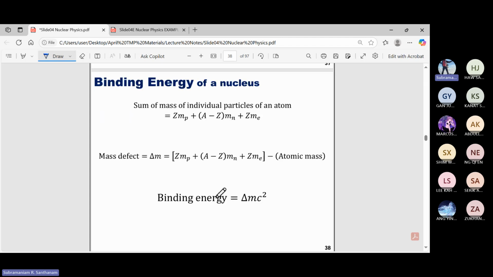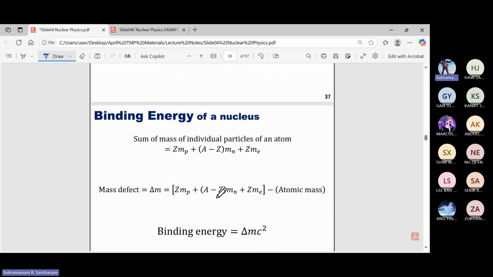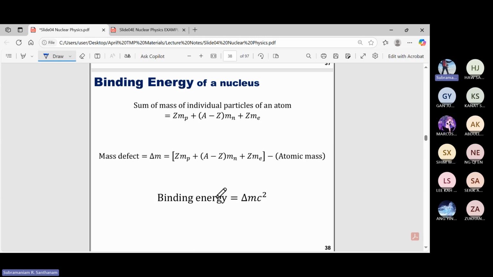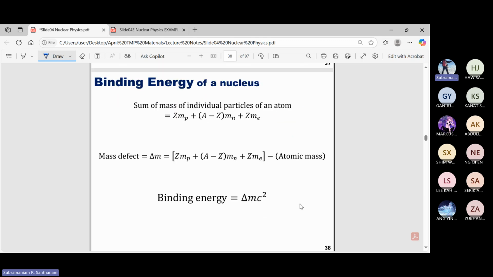Okay, it may look almost the same, but there's a slight difference. Here is the sum of the mass of the individual particles of an atom. This one is the individual particles of a nucleus. This is individual particles of an atom. There's a difference.